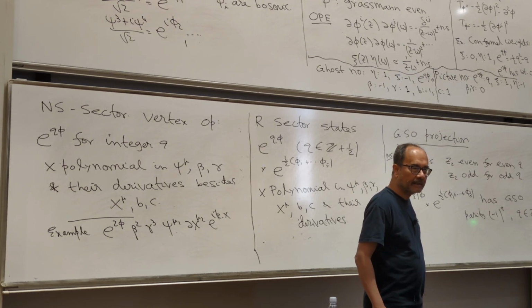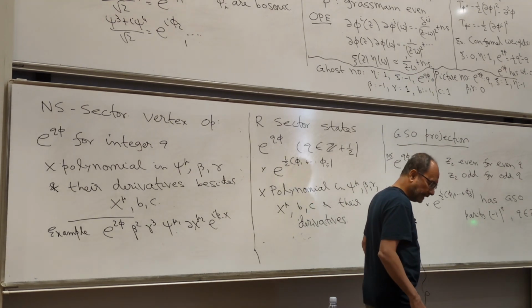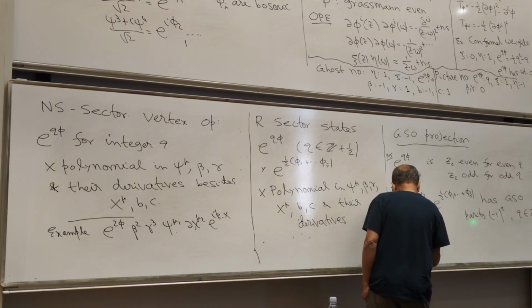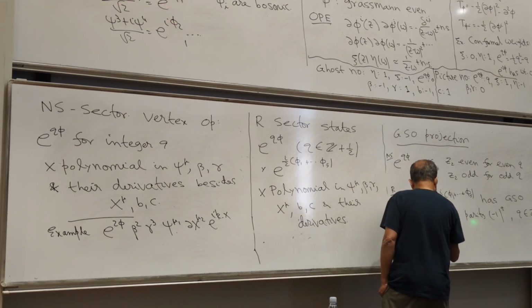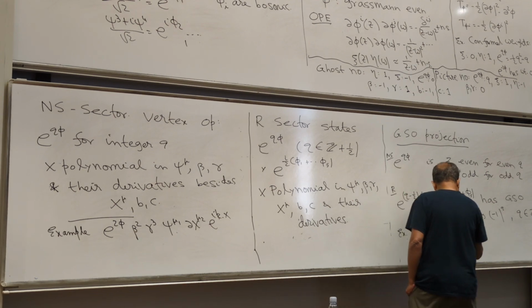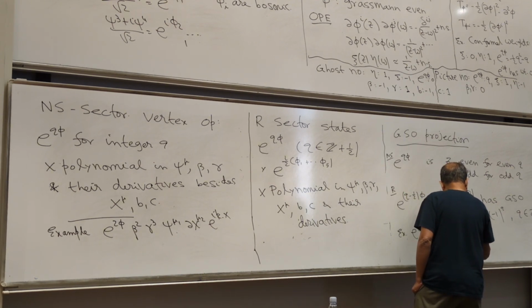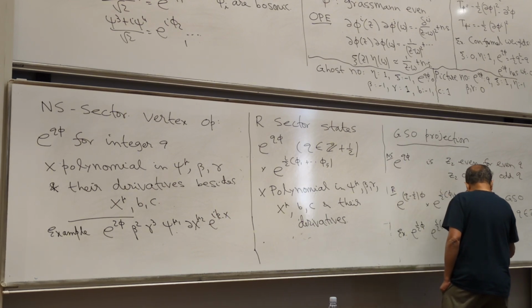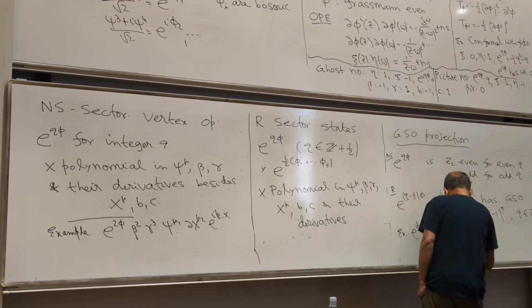Is the statement clear? Okay, so exercise. e to the half phi times e to the i by 2 (minus phi 1 plus phi 2 plus phi 3 plus phi 4 plus phi 5) is GSO even.